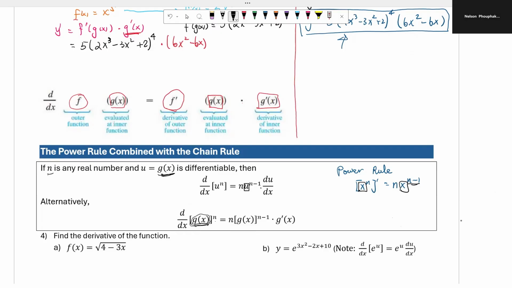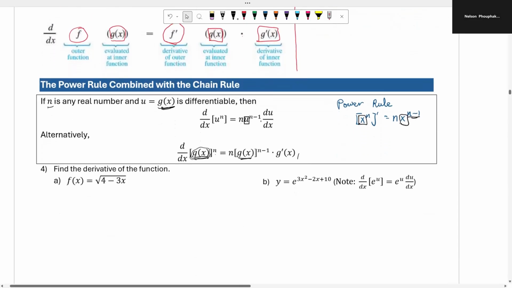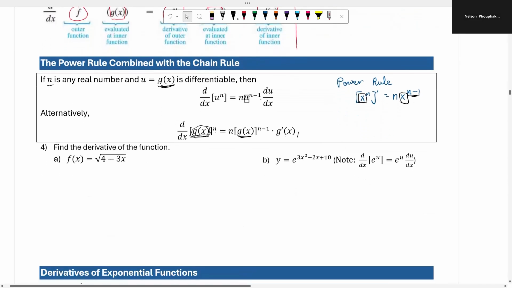We bring the n down, multiply by g of x raised to the power of n minus 1, then multiply by g prime of x, the derivative of the inner function. So let's see how we apply this to work out the problem.